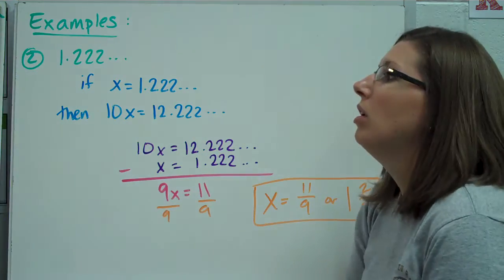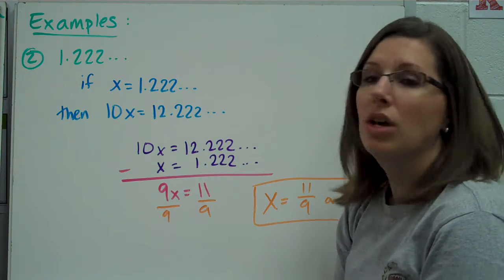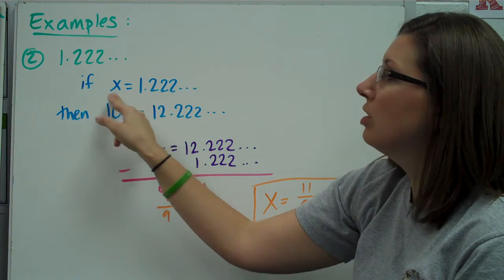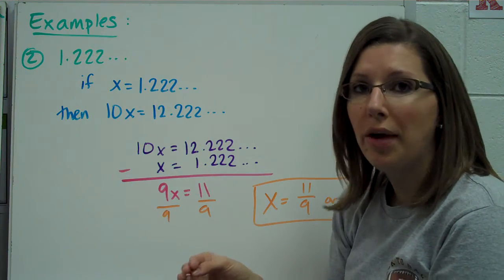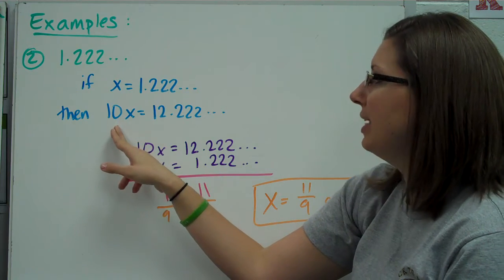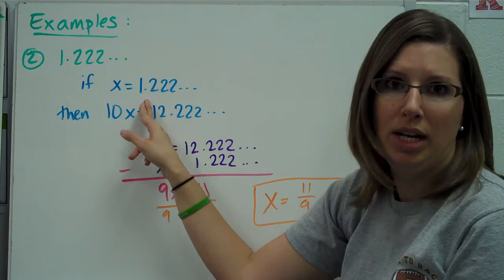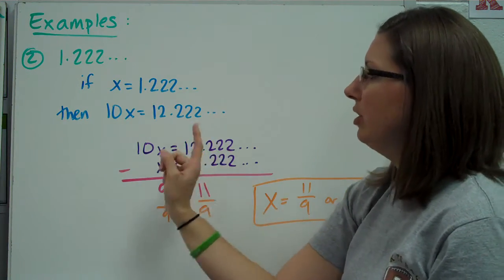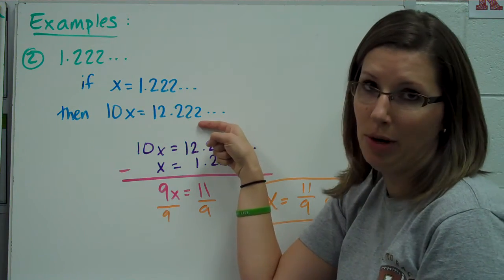Here's another example. 1.22222... repeating. So let's use the same process. I'm going to set x equal to my number, and because I just have one digit that repeats, I'm going to multiply by 10. So if x equals 1.22222... repeating, then 10x equals 12.22222... repeating. I just multiplied this number by 10 to get this number.